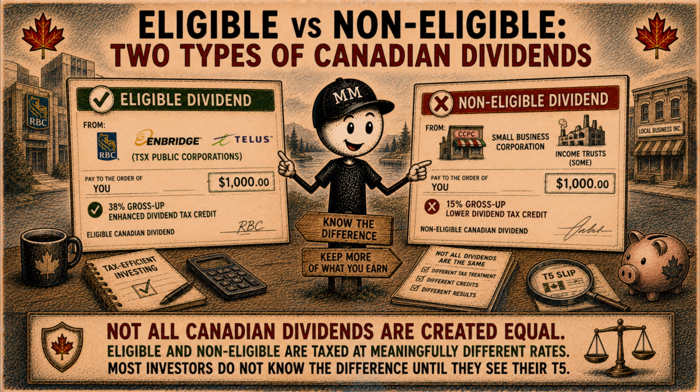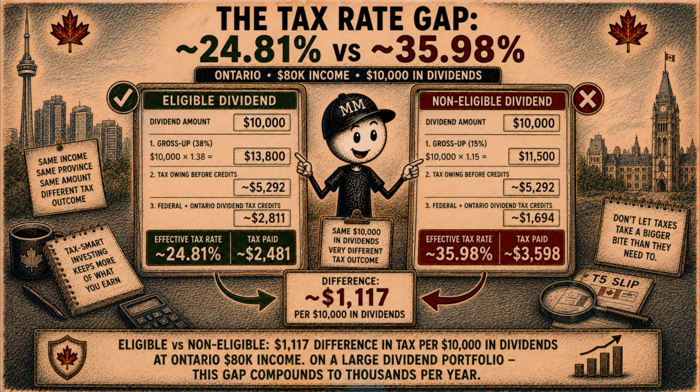Non-eligible dividends, sometimes called ordinary dividends or small business dividends, are typically paid by Canadian-controlled private corporations, CCPCs, that have benefited from the small business tax rate. They qualify for a lower gross-up of 15% and a lower federal dividend tax credit of 9.0301%.